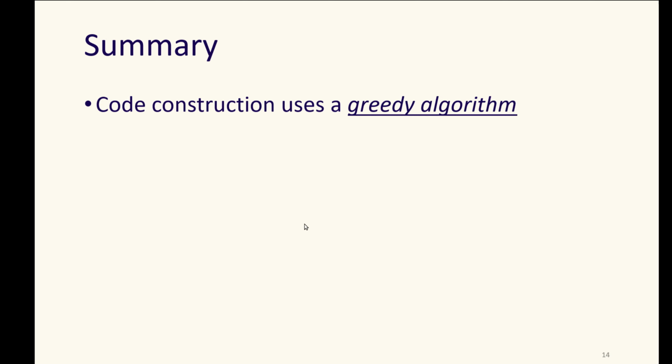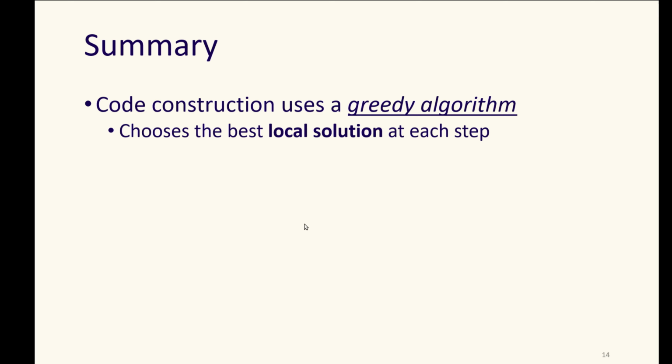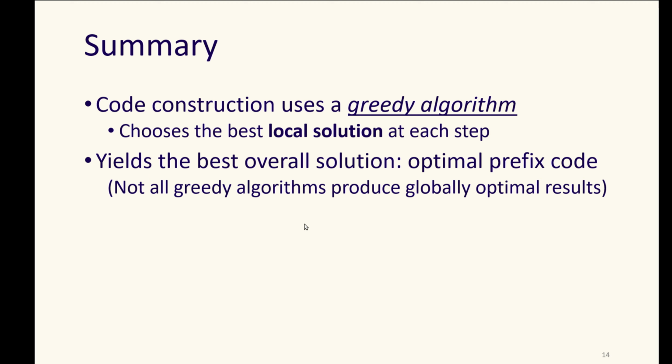So the code construction in our Huffman coding uses a greedy algorithm. It chooses the best local solution at each step by choosing those lowest frequency nodes and then the next higher frequency and next higher frequency. However, even though greedy algorithms don't always produce globally optimal results, meaning the best possible result, in the case of Huffman coding, it does yield the best overall solution.